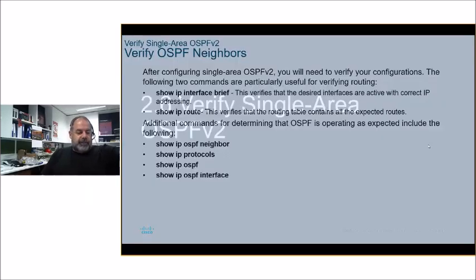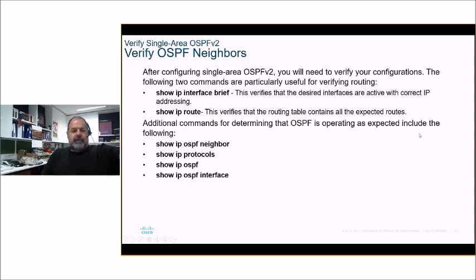So how do we verify OSPF? There are some generic commands like show IP interface brief, show IP route, and show IP protocols. And so that will tell you whether the IP information is set up correctly.